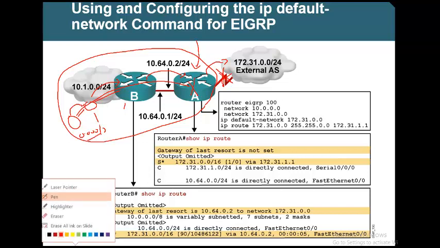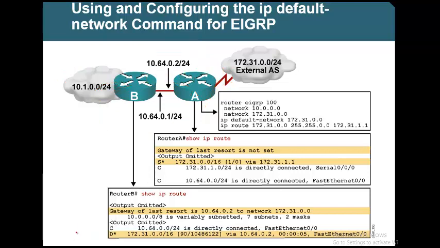But when I use EIGRP to advertise a default route, I don't need to worry about that. If this link fails, the default route that was given by EIGRP will be removed immediately on all the routers. You understood? Yes.